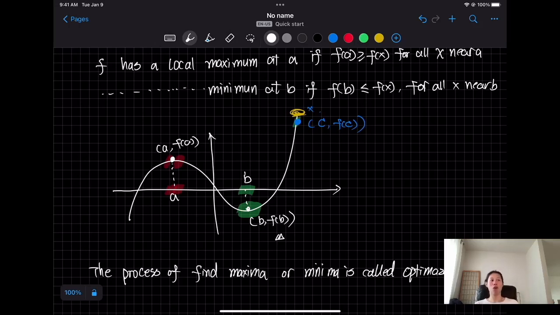Okay, so we talked about local maximum. What about global maximum and global minimum, or global extreme?